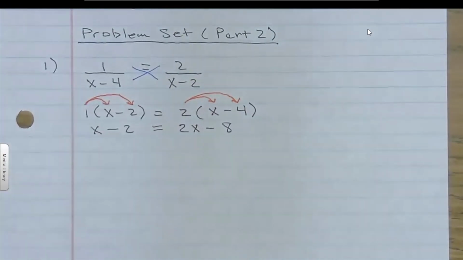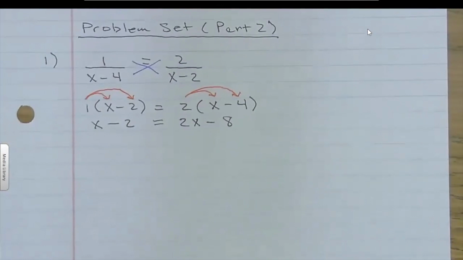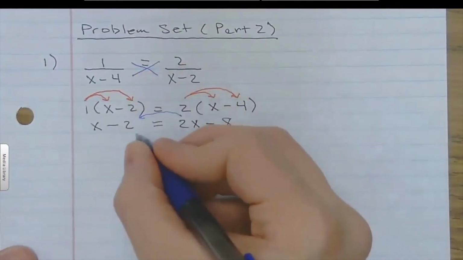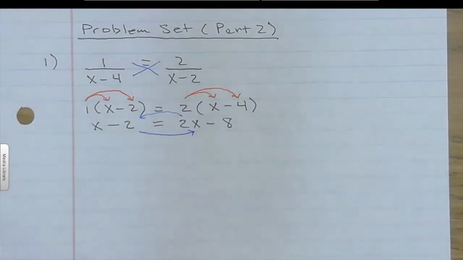So now I'm at the point where I'm ready to get all the x terms to one side and all the regular numbers to the other side. So I'm going to find some way to get the 2x over to this side, and I want to get the negative 2 over to this side so that it can join up with the negative 8.